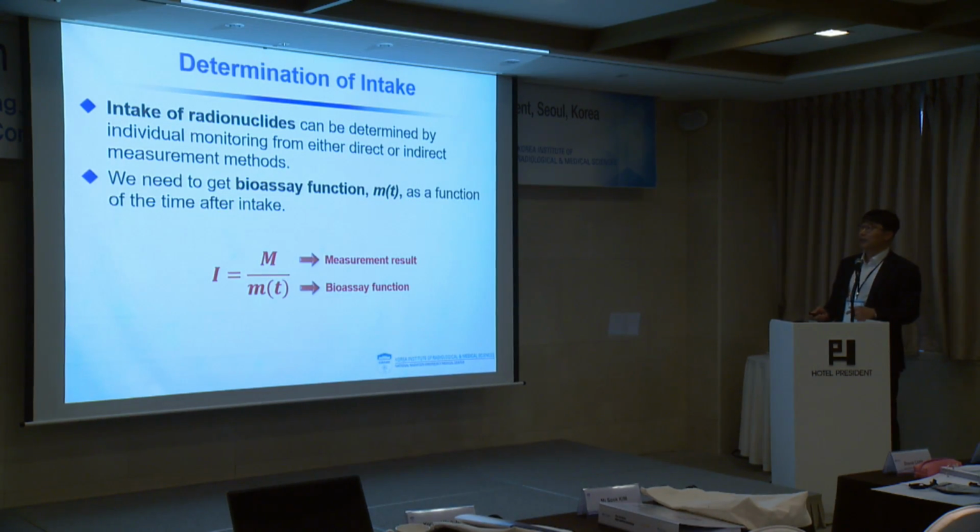And the determination of intake is also important to determine the internal dose. Intake can be determined by the direct or indirect measurement method. We also need to consider the bioassay function, small m(t), as a function of time after intake. So by using these two quantities, we can get the intake information.